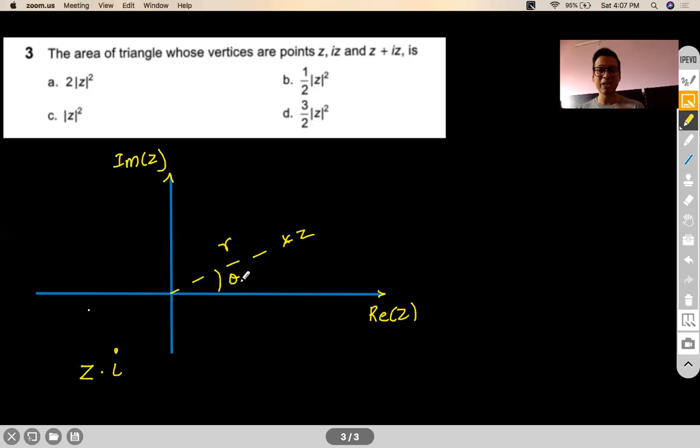Length will remain the same. Only rotation will happen. So Madhav is correct. Rotation will happen by an angle same as the argument of this complex number.